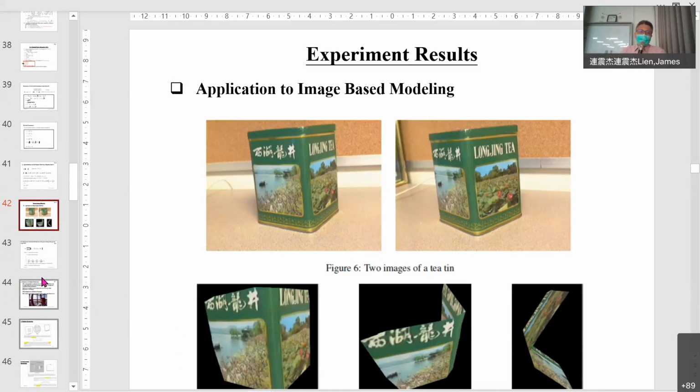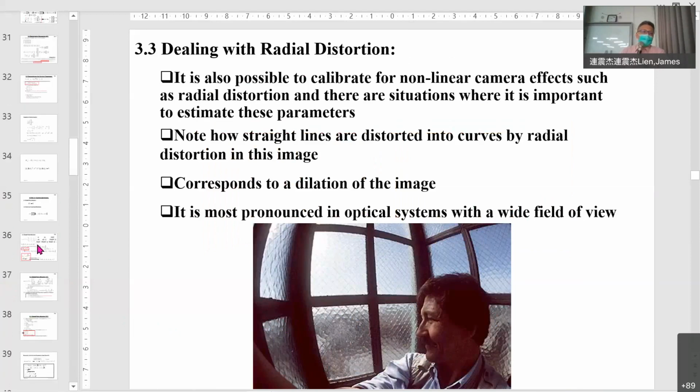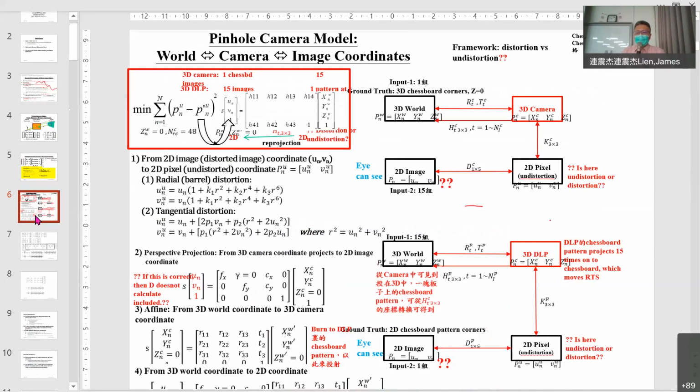And the last one we try to solve is the distortion matrix. Okay. So back to the page 6 video here. We solved R and T, we solved K. The final one is the distortion.